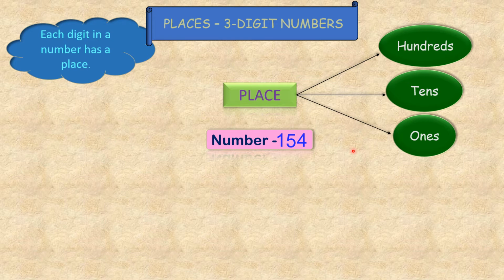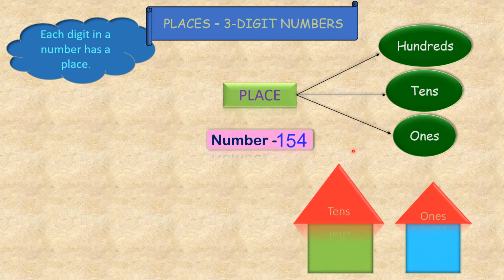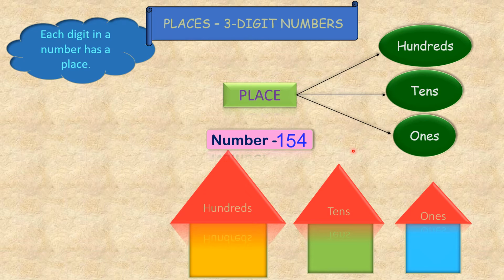As we all have houses, in the same way, each digit in any number has its own house. Houses are nothing but places: ones house or ones place, tens house or tens place, hundreds house or hundreds place. Just as we have written here. So I brought houses over here.